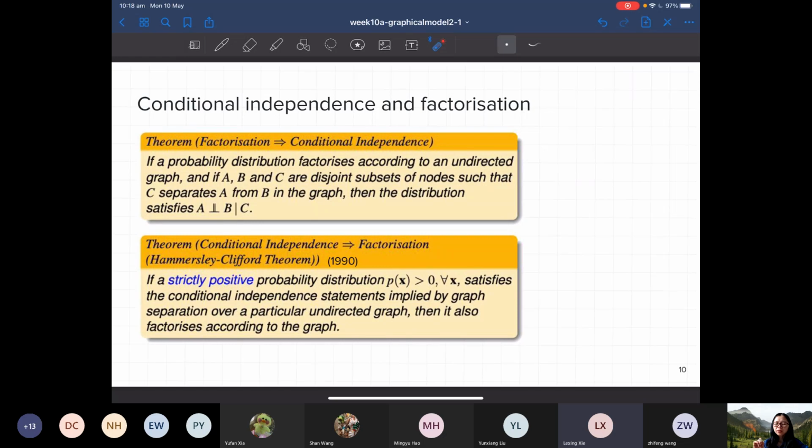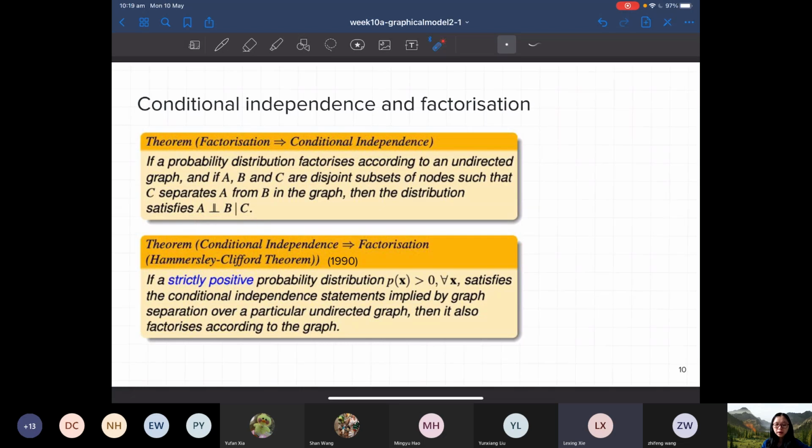Here we are restating what we covered in the last 5-10 minutes or so. Basically, the factorization according to the maximal cliques and conditional independence are essentially mutually equivalent properties. If a probability distribution factorizes according to the graph, then for any disjoint subsets A, B, and C such that C separates A and B, the conditional independence holds.